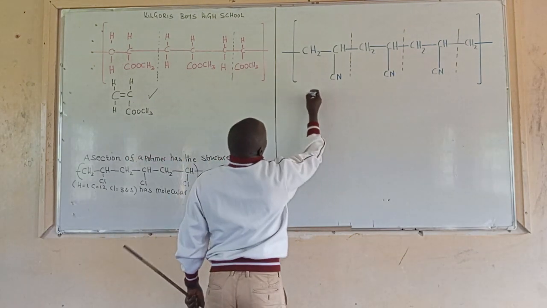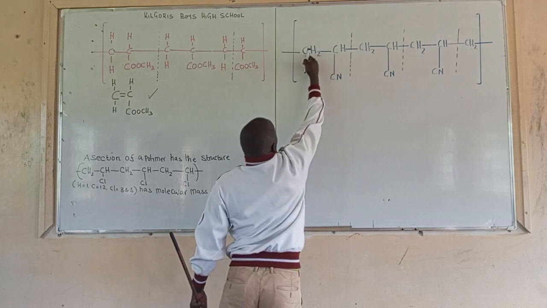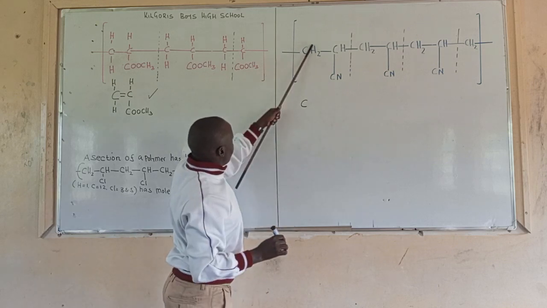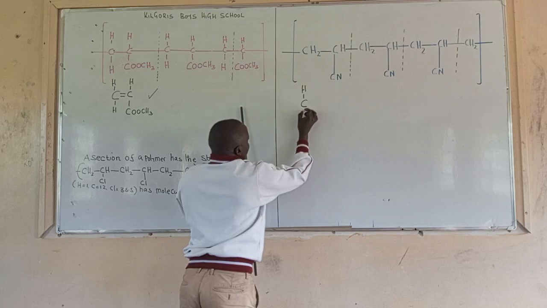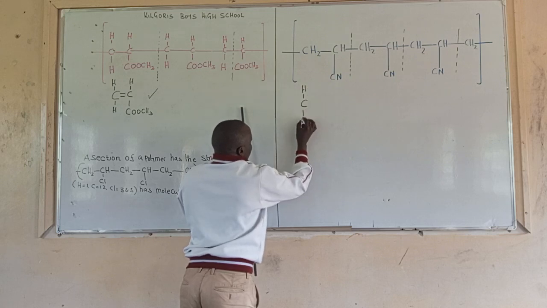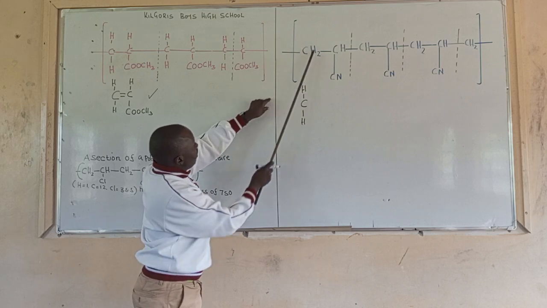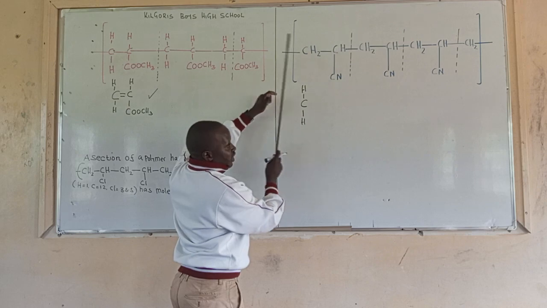Let us first have this carbon. Then we have this one here as carbon. Then we have the two hydrogens, so we can have a hydrogen here, another hydrogen here. So we have this carbon with these two hydrogens here. Then we have another carbon here.